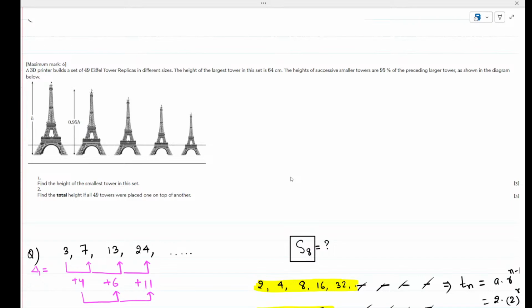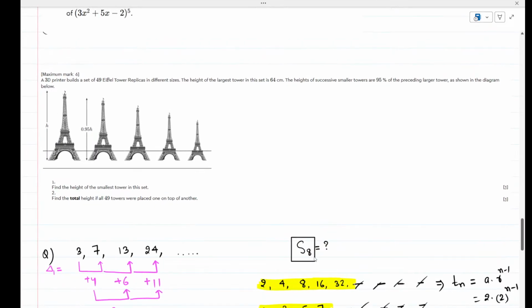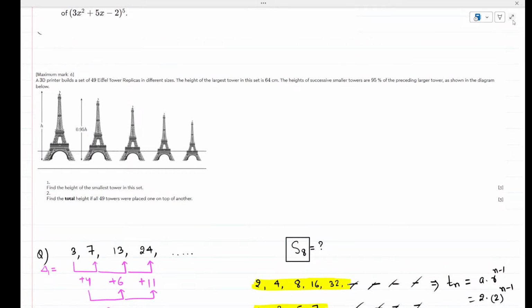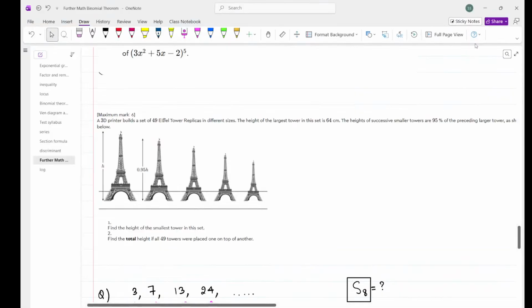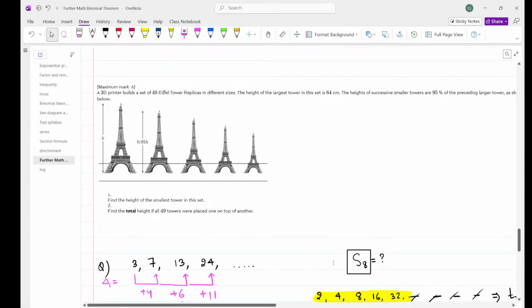Can't I just do a formula like 64 times 0.95 to the power of something? You can use your calculator. Is the calculator allowed in your paper? Yes, so use your calculator. If I do that I get 52.1284.